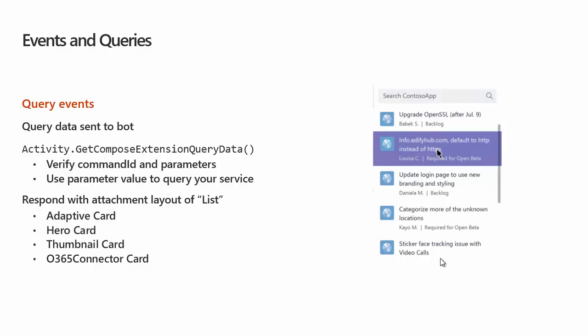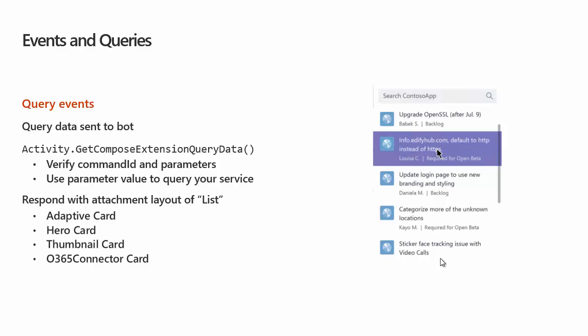In order for the user to have rich information, or the information they need as part of their message, they can send a query message to your bot, and the expectation is that your bot would then query some back-end service and return a selection of items that match that query, and the user can then pick one of them and embed that into their message. So you define a query event. That query event is then sent to your bot.